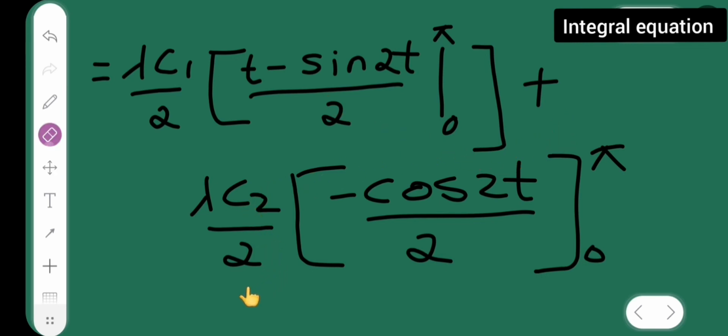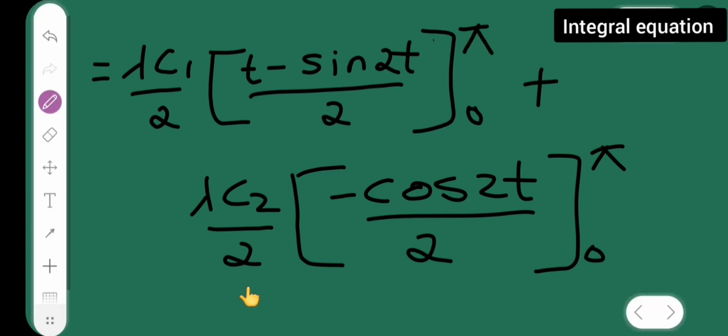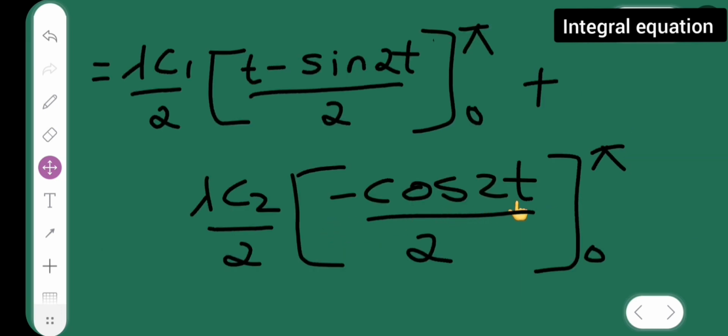I can even do this as, I was supposed to write this like this, 0 to pi. Now, plus lambda c2 upon 2. Then in the bracket, the integral from 0 to pi of sine of 2t dt is minus cos of 2t upon 2, and the limits are 0 and pi.